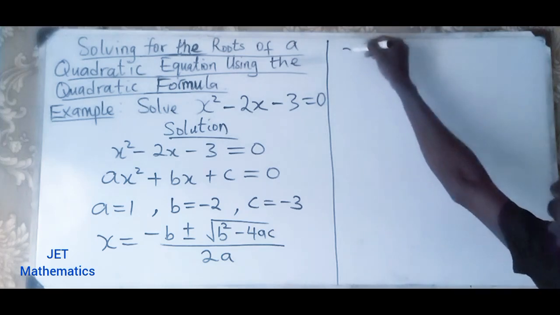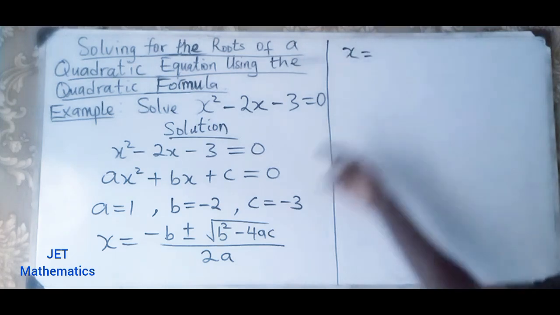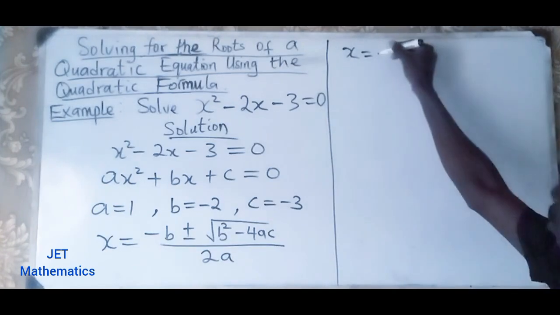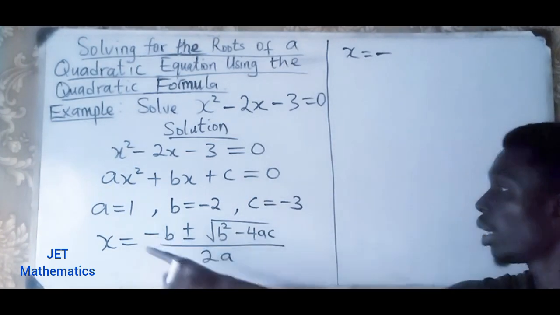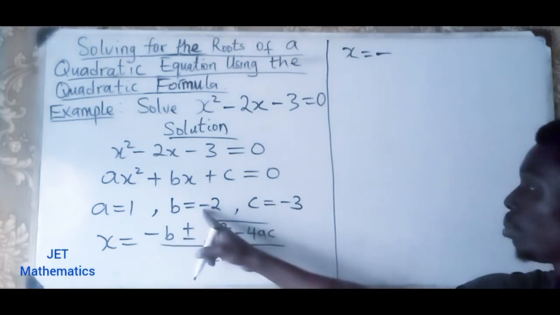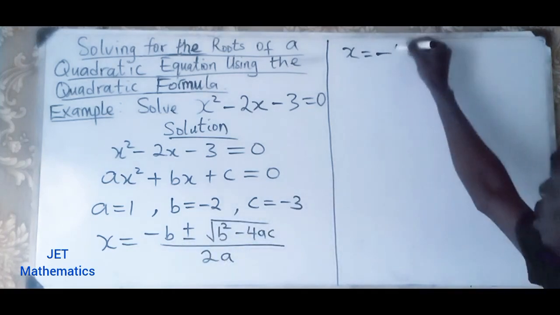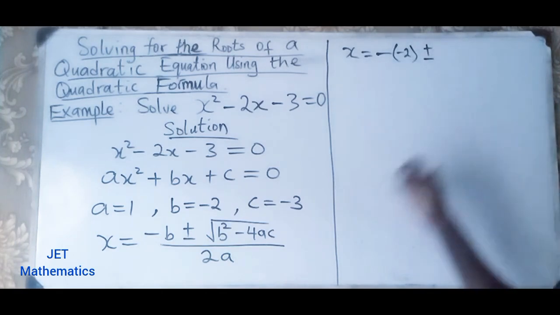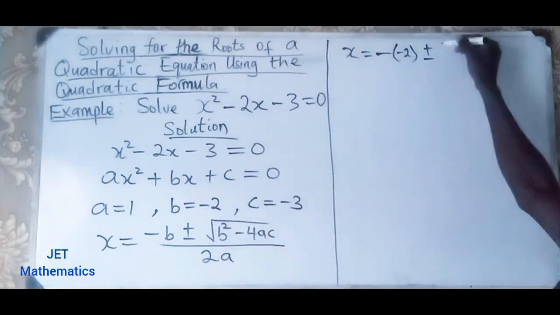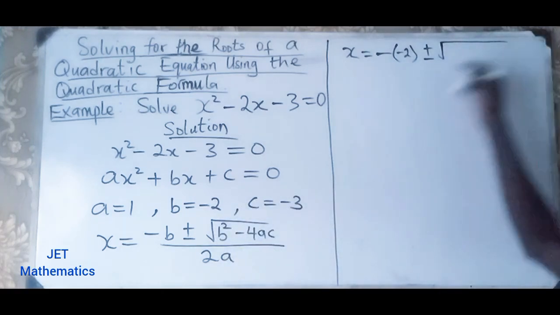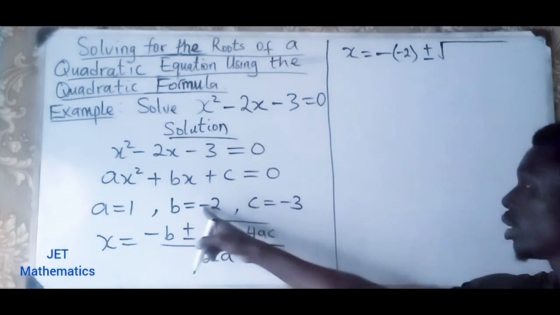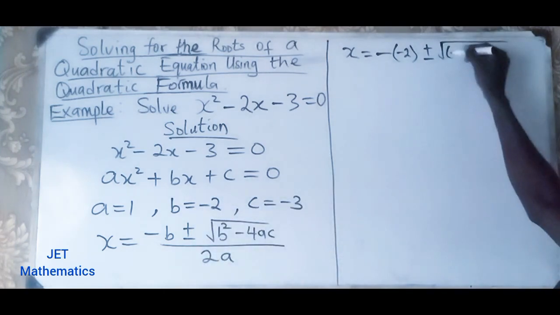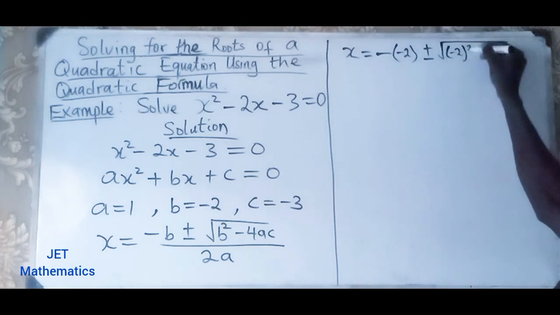So let's substitute into the equation quickly. We'll have x is equal to minus, that's the minus in the formula. Then our b is minus 2, so plug in minus 2. Then plus or minus the square root. B squared, our b again is minus 2, so we have minus 2 all squared.